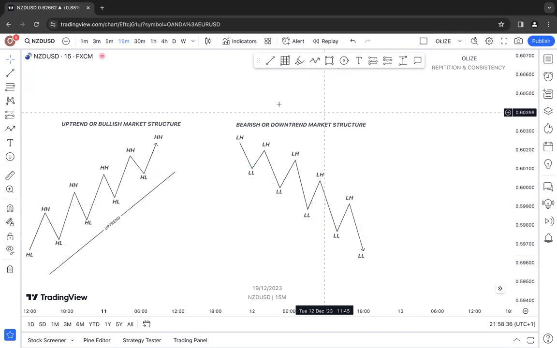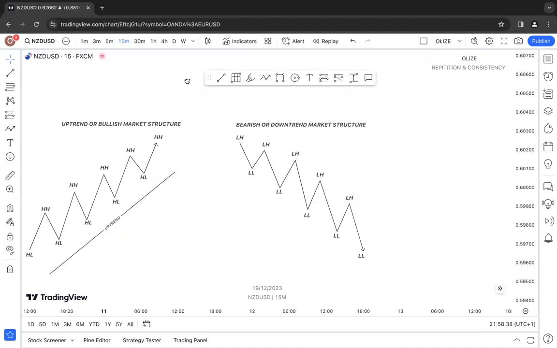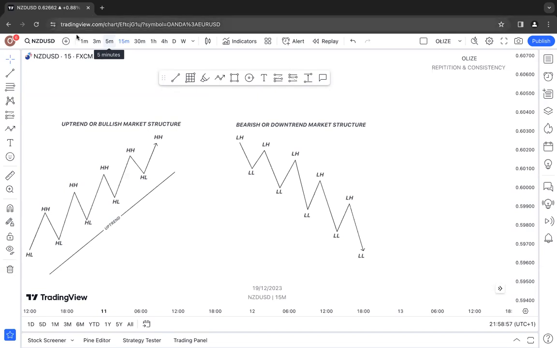Okay, so just a quick one. For the tools I use in my TradingView, these are the only tools I make use of. Sorry about that, this cough has been hitting me real hard.